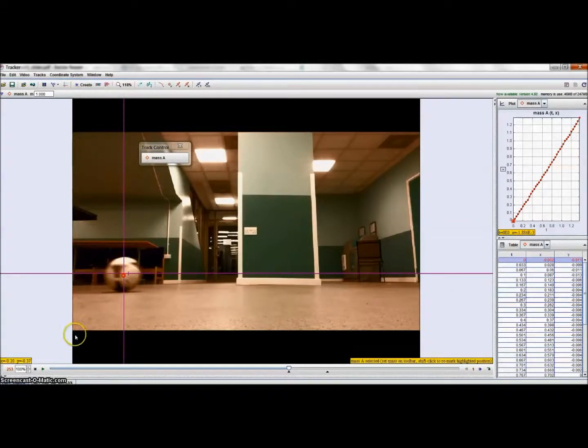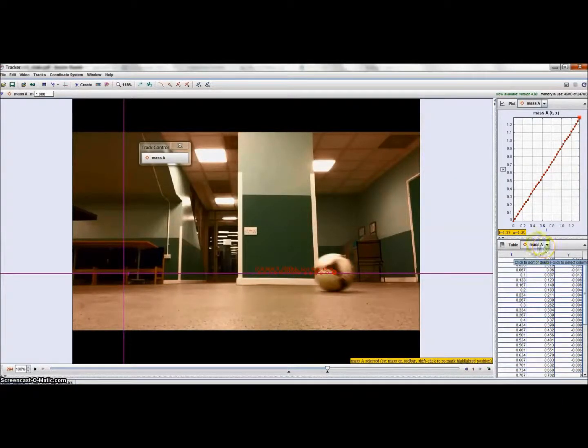The ball moves along the x-axis, with the positive x-axis to the right and the negative x-axis to the left. And if I play this, I see that Tracker tracks the ball.